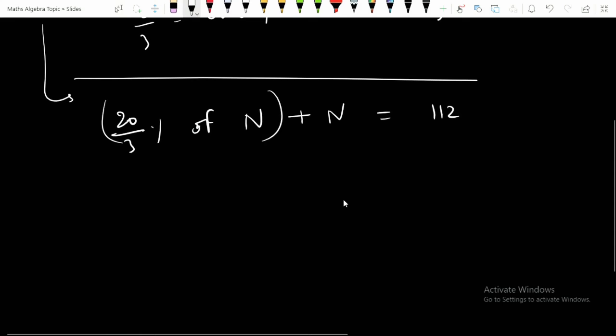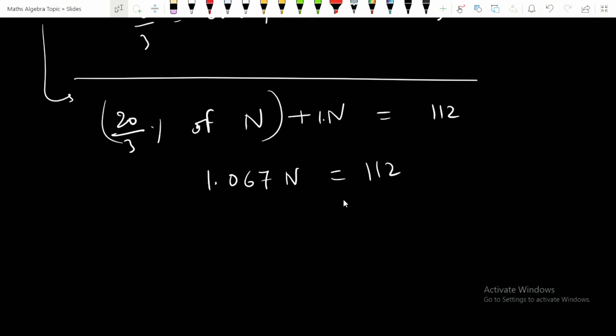The 20 by 3 percentage of n means 6.67 percentage. So what you have to do is 1.067 of n equals 112. We can say it like this.